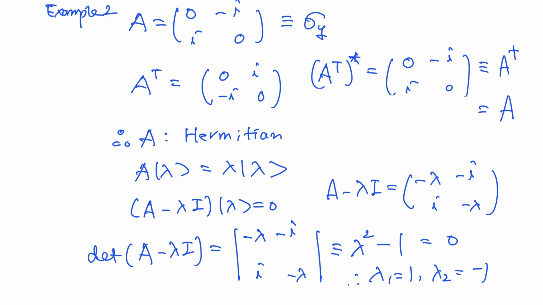Somehow, I have a feeling that we encounter the same vectors that we studied in the beginning of today. But let's just check what happens. So take case 1, lambda 1 is plus 1.